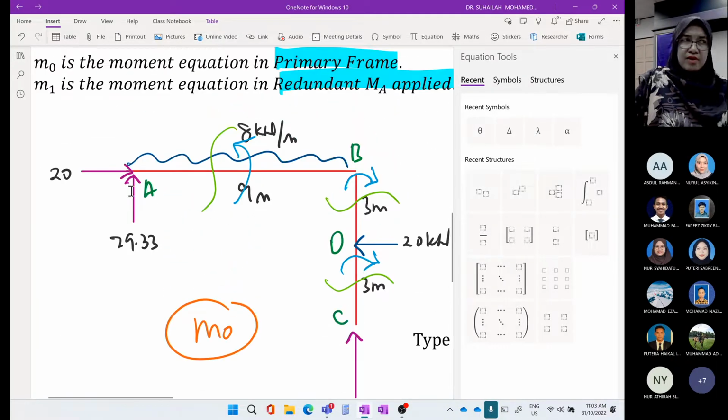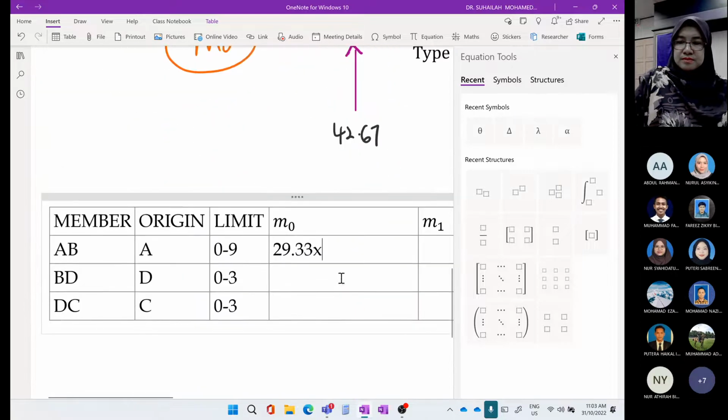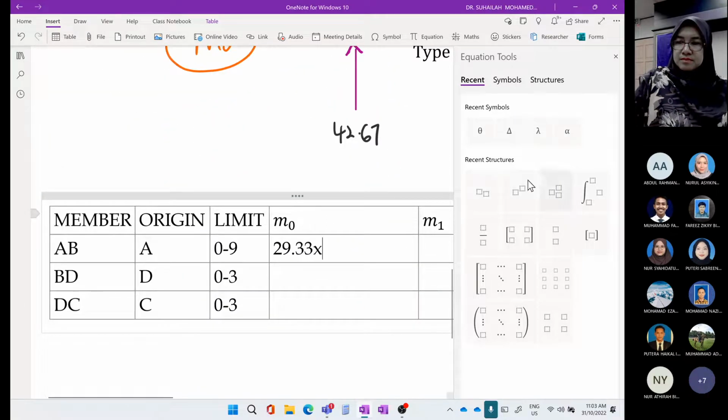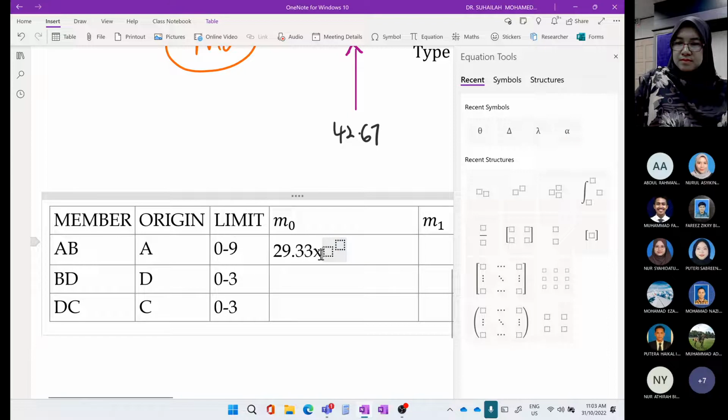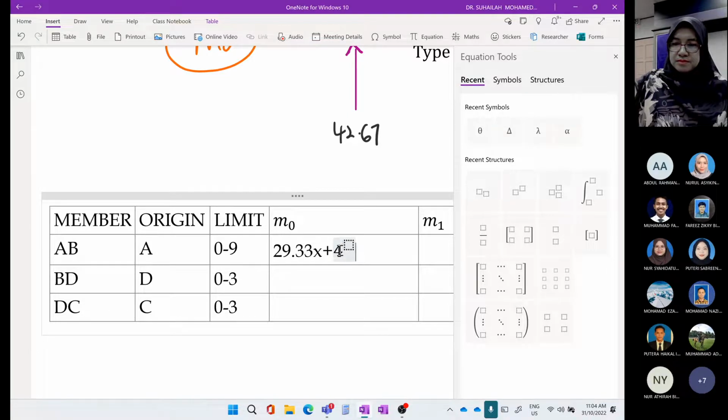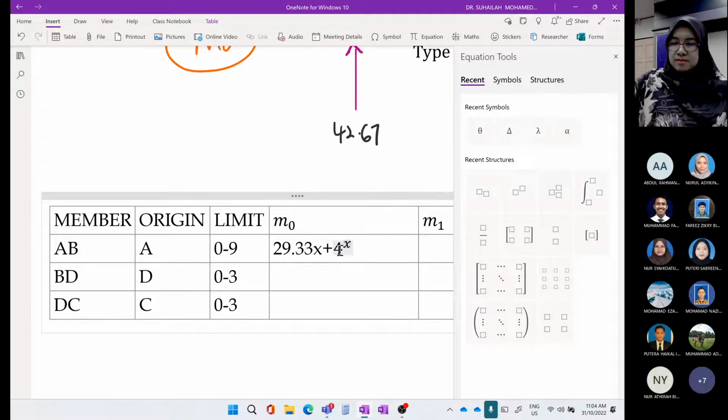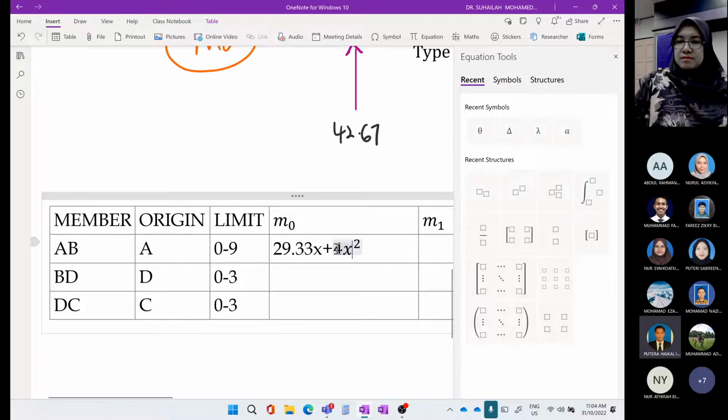Ni UDL ada 4x squared. Dia minus kan, doktor kan? Minus.